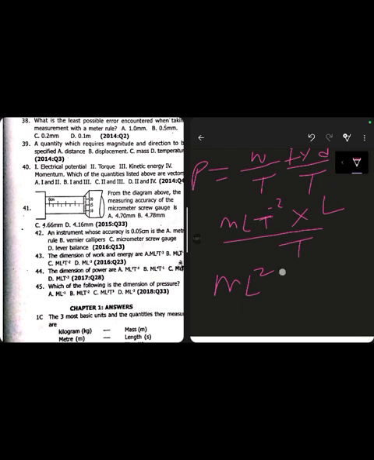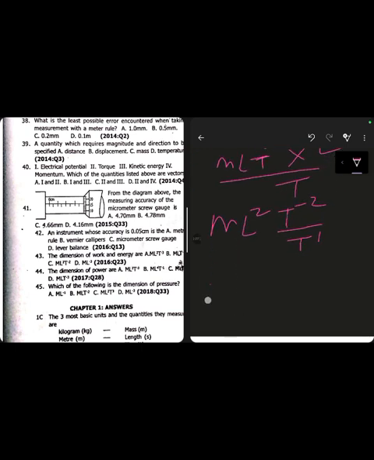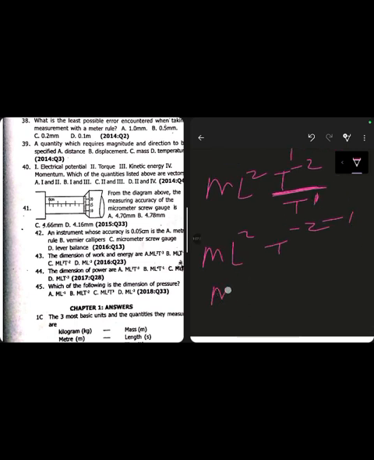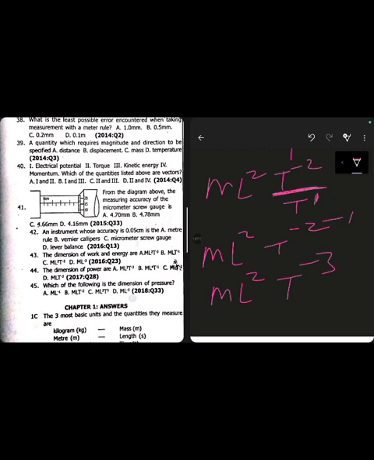Then I'm left with T to the power minus 2 over T to the power 1. So this will be m L squared T to the power minus 2 minus 1, which is minus 3. So the answer will be m L squared T to the power minus 3, which is option A.